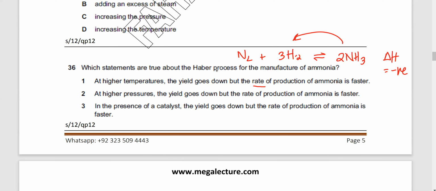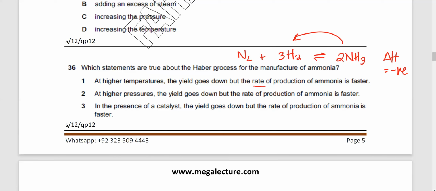Is that correct or not? The second one, the yield goes down with the rate of production. At higher pressure, the yield goes up, so it can't be right, because the equilibrium shifts right.